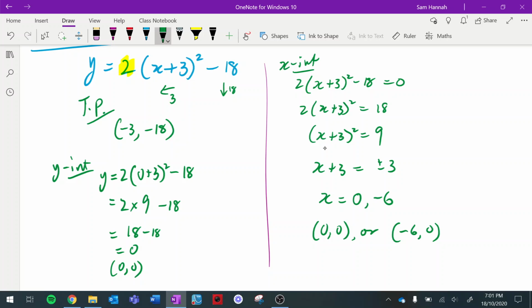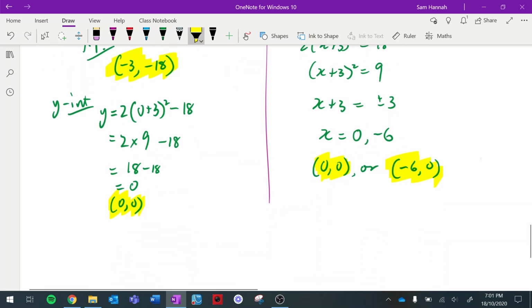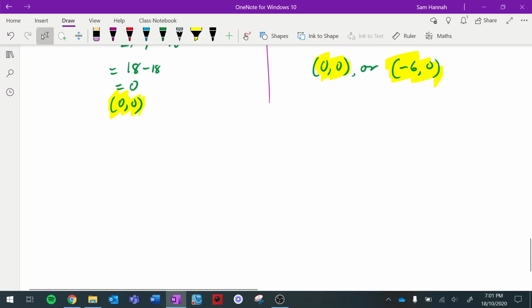There's no negative sign at the front of this graph, so this is the regular parabola like this. The key points we're going to be putting on are the turning point (-3, -18), the y-intercept (0, 0), and the x-intercepts (0, 0) and (-6, 0). So let's put all of that information onto a set of axes here.